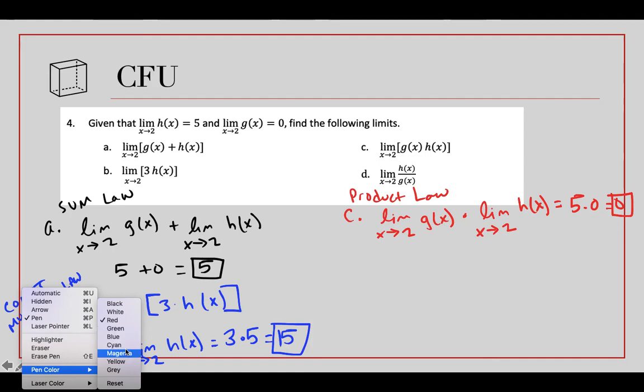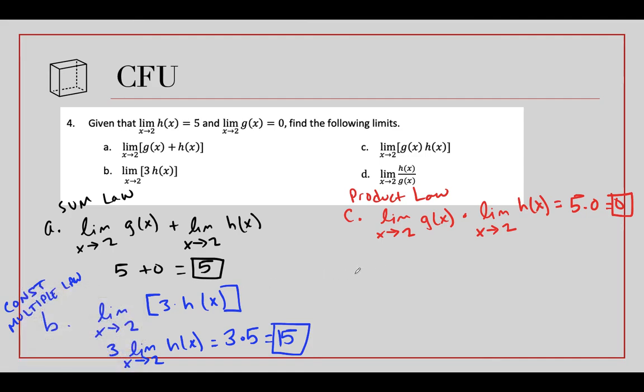And my last one, let's go ahead and do magenta again. I like that one. We're going to be using our quotient law, which says the limit as x approaches 2 can be applied individually to both the top and the bottom, the denominator and the numerator.